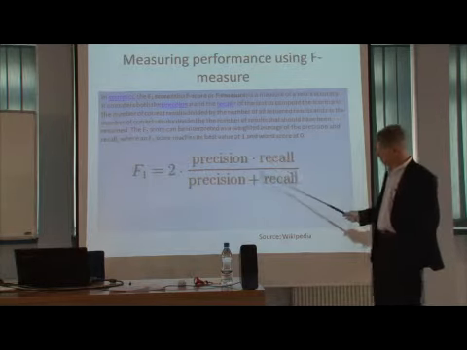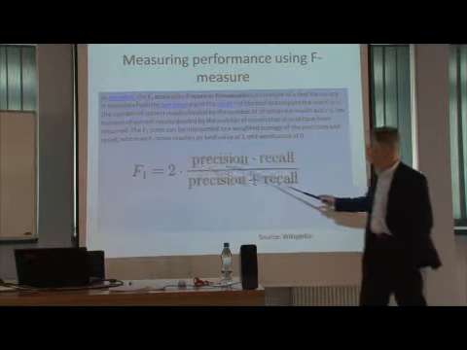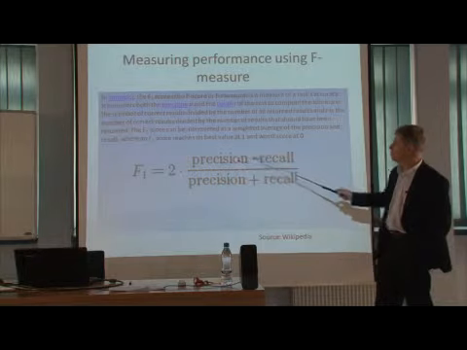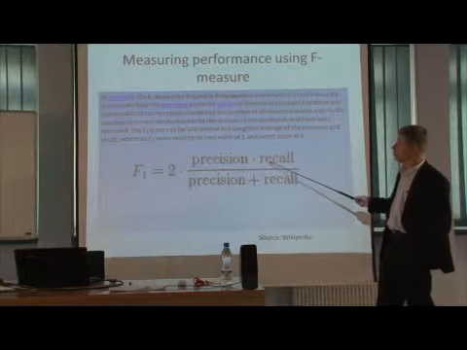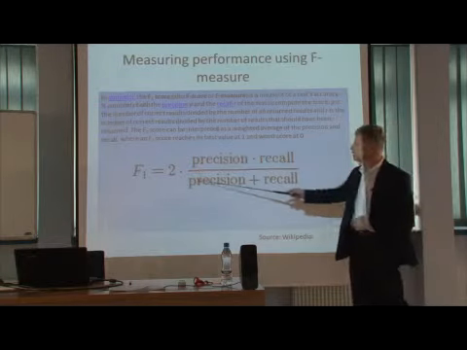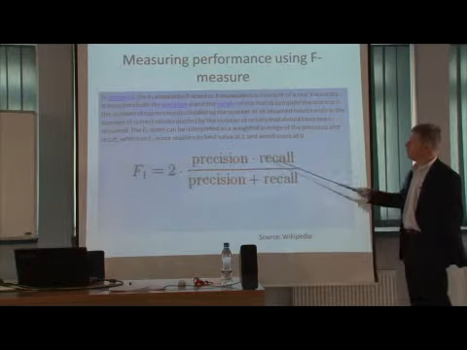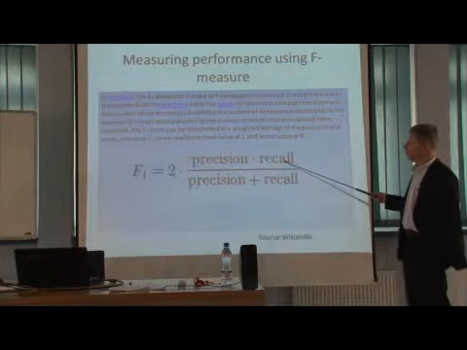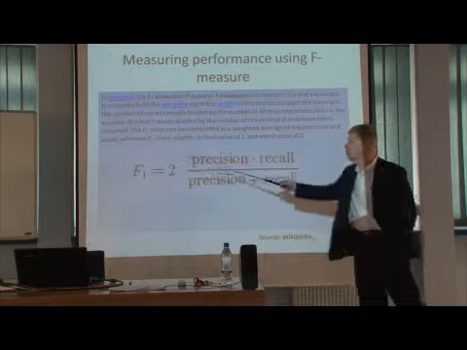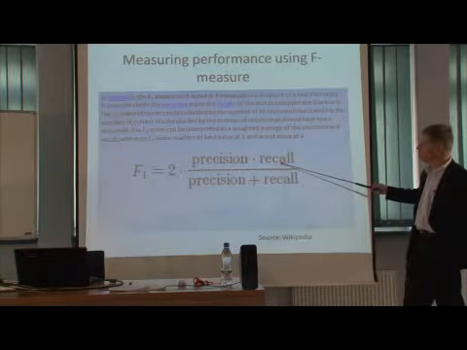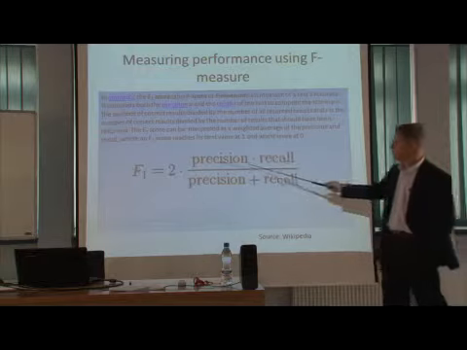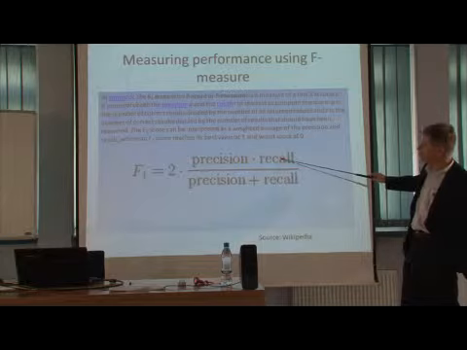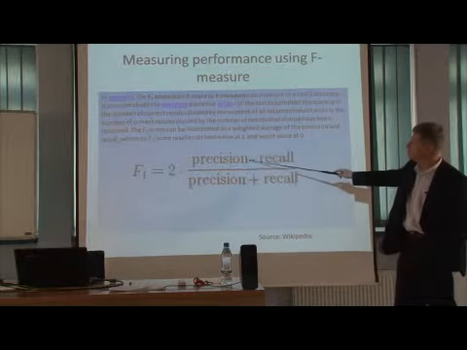If we get no good documents, or we get no documents at all, one of these things is 0, so then of course the whole expression is equal to 0. So imprecise or irrelevant results move this F measure close to 0. And the rest of it is essentially a balance. As you increase precision and keep recall the same, you increase the F measure.